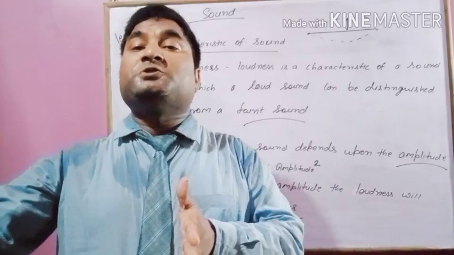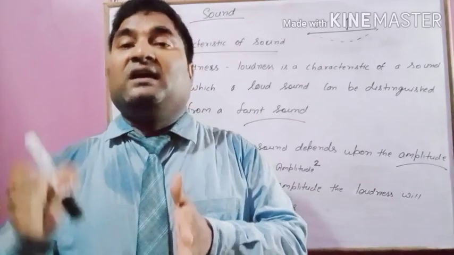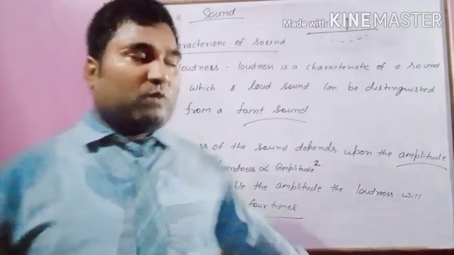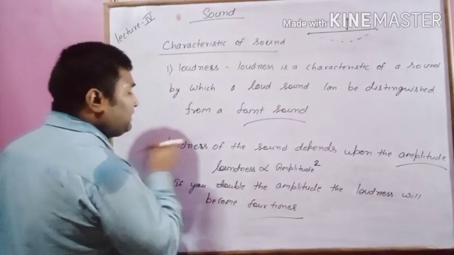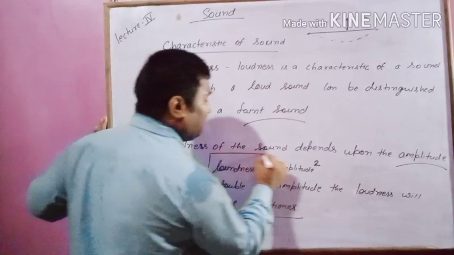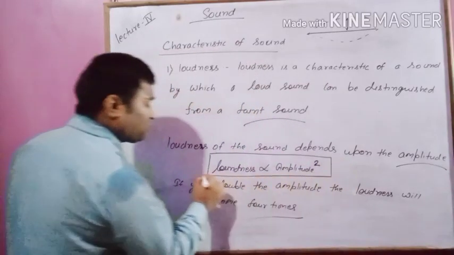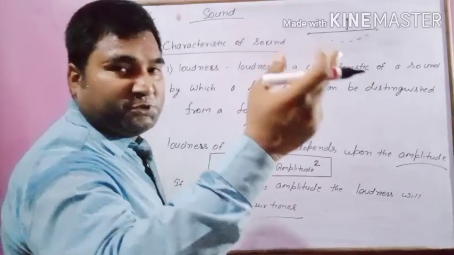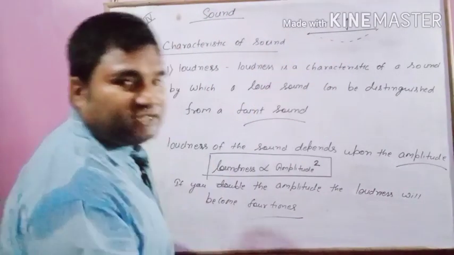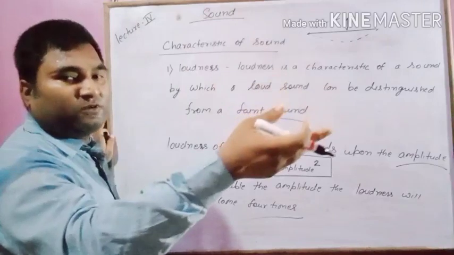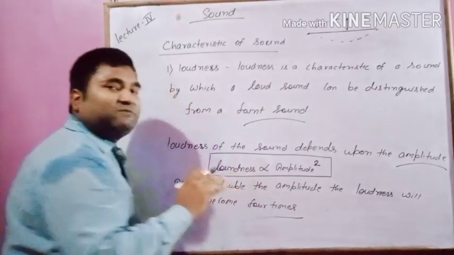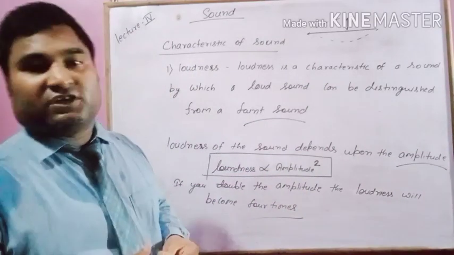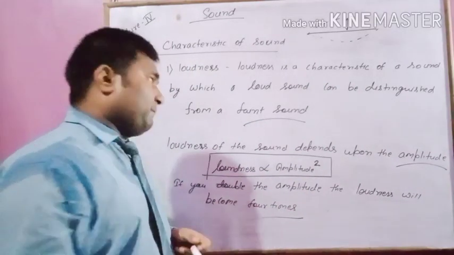The larger the amplitude, the louder the sound. The lesser the amplitude, the fainter the sound. One more thing I told you, loudness is directly proportional to the square of the amplitude. If you double the amplitude, meaning you strike with twice the force, then the loudness will become 4 times.